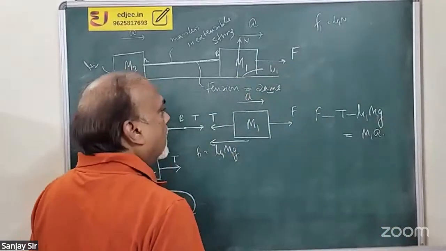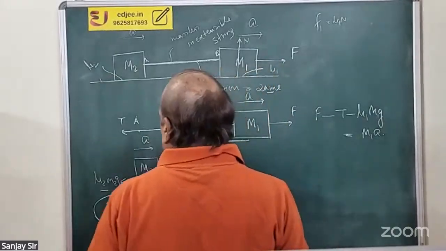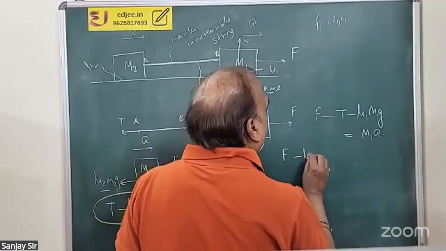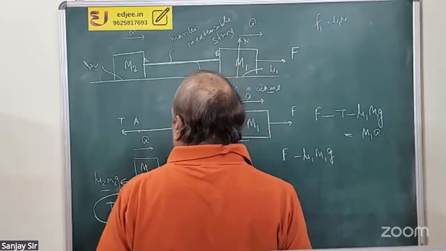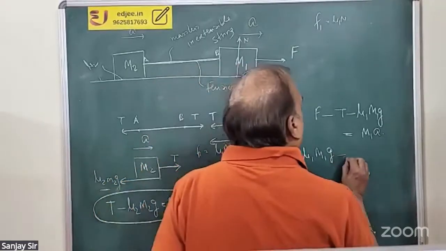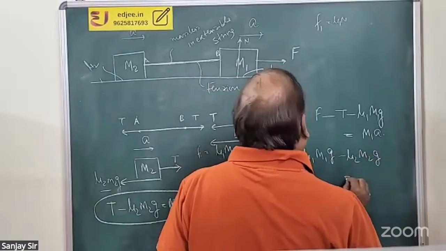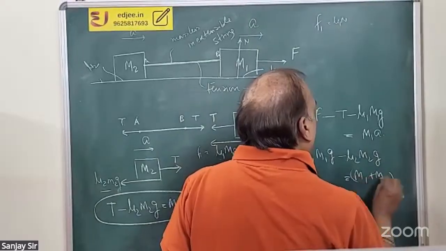Correct. Again, if you remove the T, then what will be there? F minus mu1 m1 g minus mu2 m2 g is equal to m1 plus m2 times a.